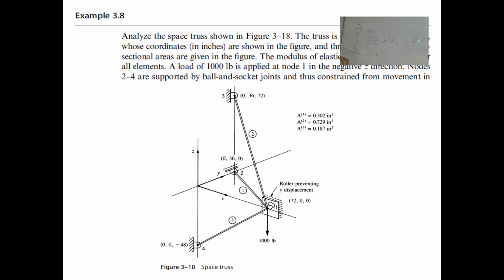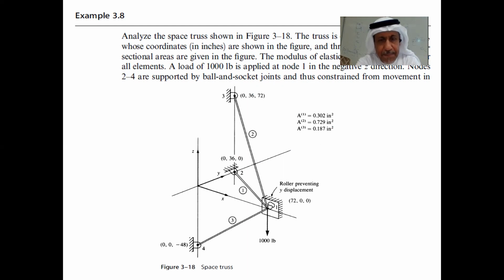This is member number 1, member number 2, member number 3, and this is node 1, node 2, node 3, and node 4. And you have the area for each member, A1, A2, A3. Let's see how we can define K1. What do you think, K1?